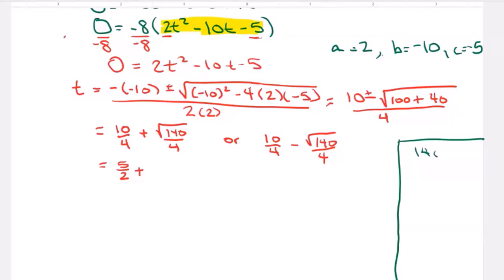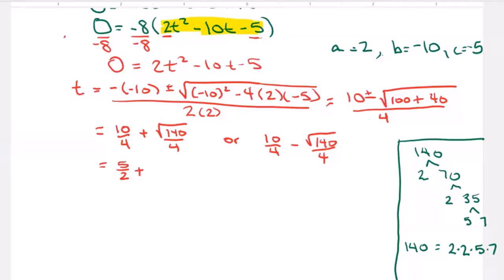So I start with 140 at the top, and then I can say 140 is 2 times 70. 70 is 2 times 35, and 35 is 5 times 7. So 140 is equal to 2 times 2 times 5 times 7.